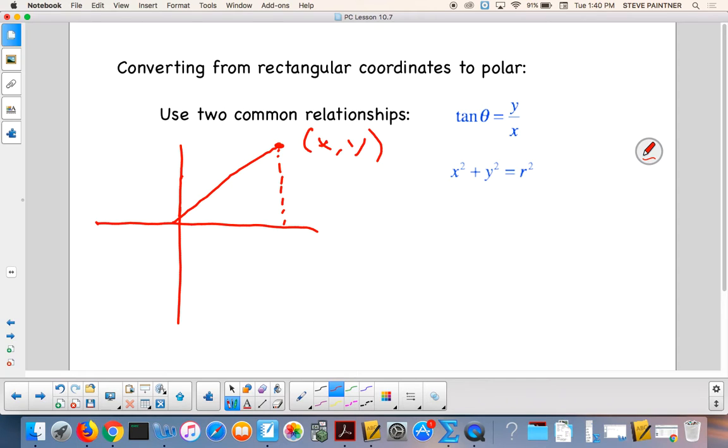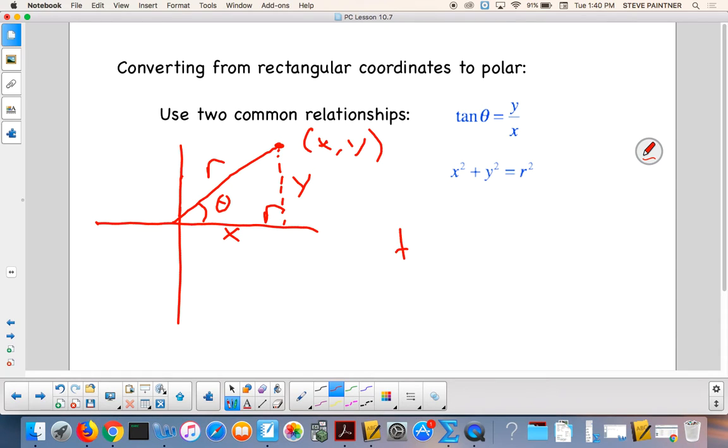We can make our little triangle. The base of our triangle is x. The other leg is y. Our hypotenuse is the radius. And then we call the angle in here theta. Just a triangle made with any xy coordinate. What's tangent of our angle? Y over x?